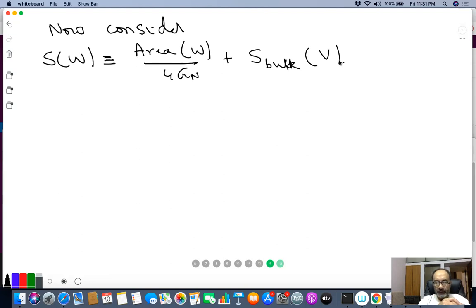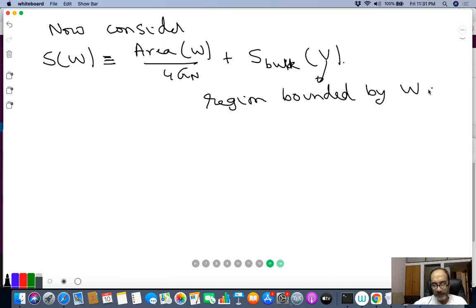I'm now going to give the result that comes out of this eventually. So V is the region bounded by W and R. So this is the bulk entanglement.